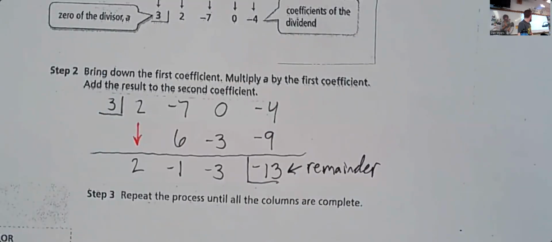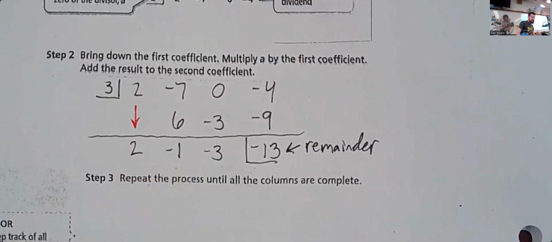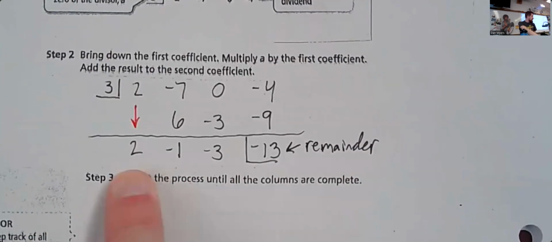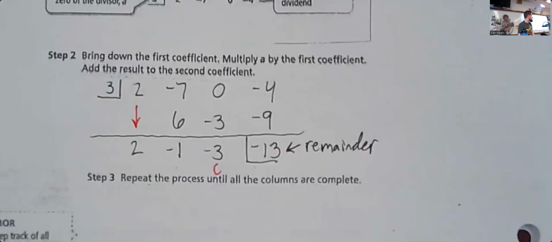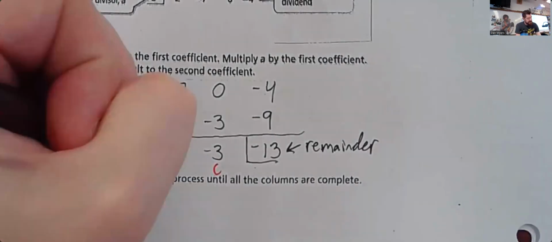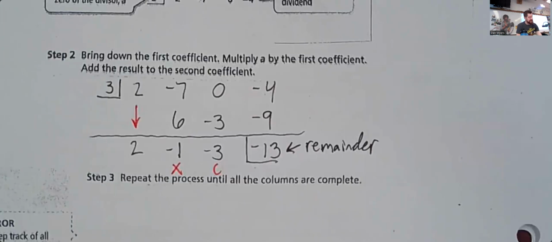And in terms of what's in your answer, to the left at the bottom, these numbers down here, this is your constant term. Constant term is the regular number that does not have a variable. This is your coefficient that goes with x, and this is your coefficient that goes with x squared.